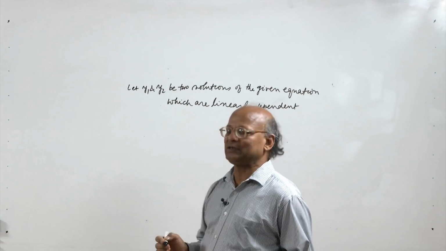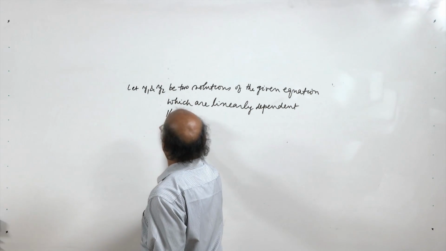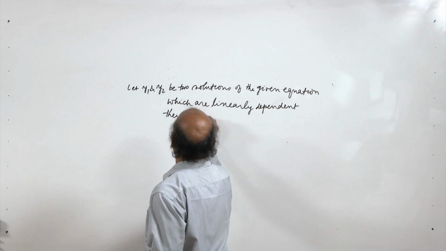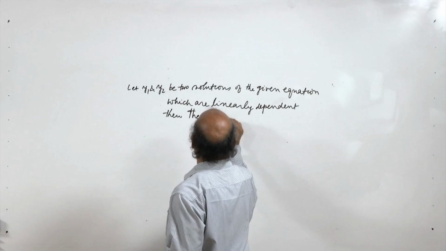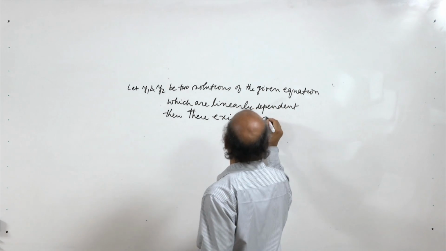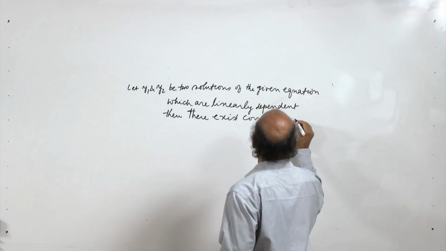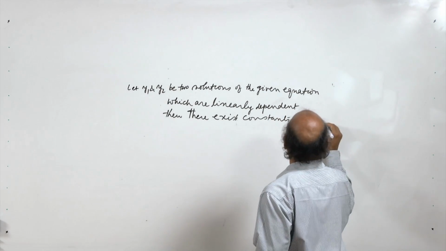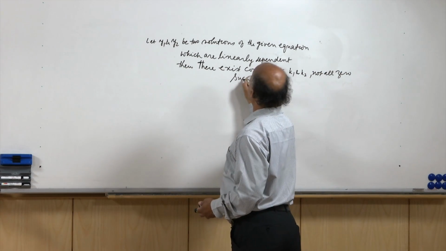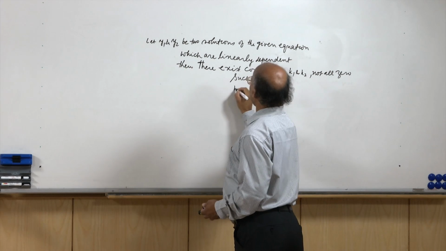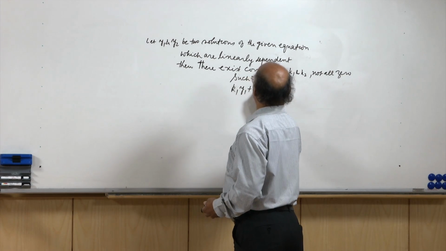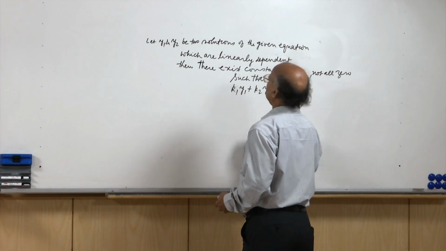Then by the definition of linear dependence, there exist constants K1 and K2, not all 0, such that K1 y1 plus K2 y2 is equal to 0.